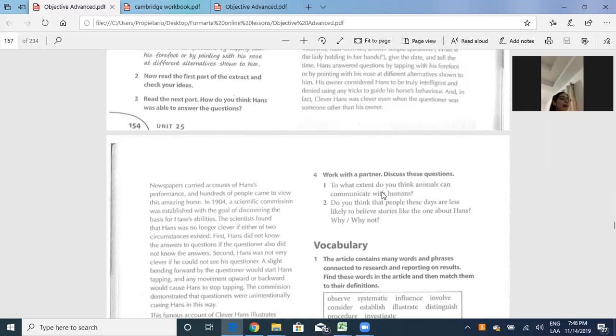Well, I was reading about this, and I now understand how dogs and animals that people take to a contest can communicate with them. The animal understands your movements, just your movements. They can do it just with you.